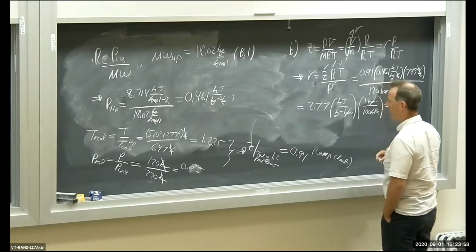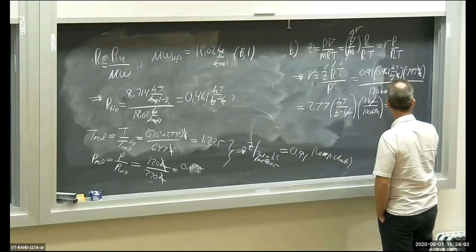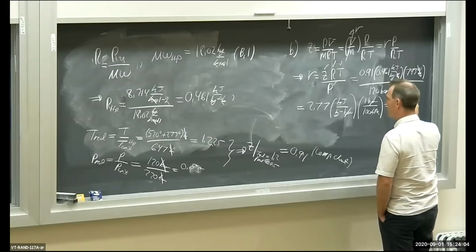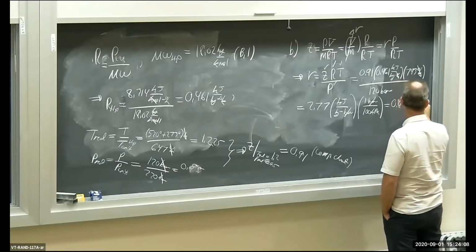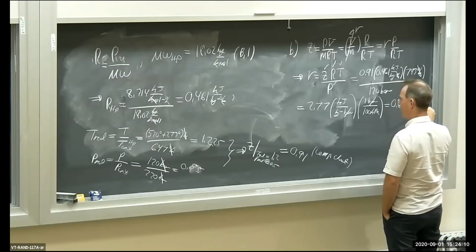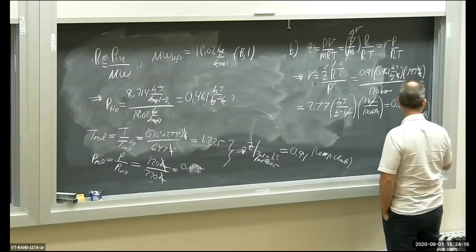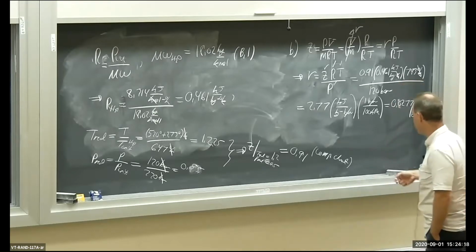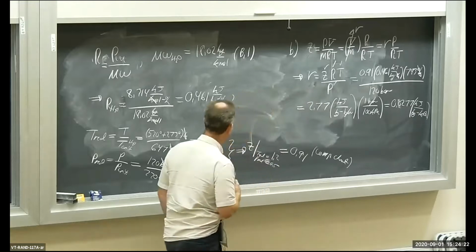I divide that by 100 and I get 0.0277. And now I have a unit of kilojoules per kilogram kilopascal.